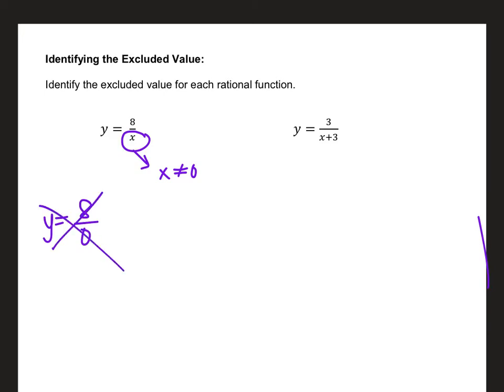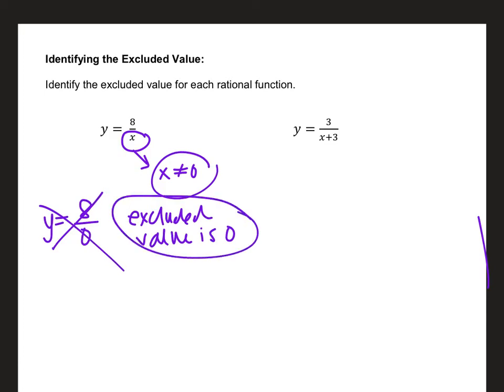So we can't let that happen, so our excluded value is 0. You can write that as x cannot equal or does not equal 0, or you could say the excluded value is 0. Those two statements are saying the same thing.